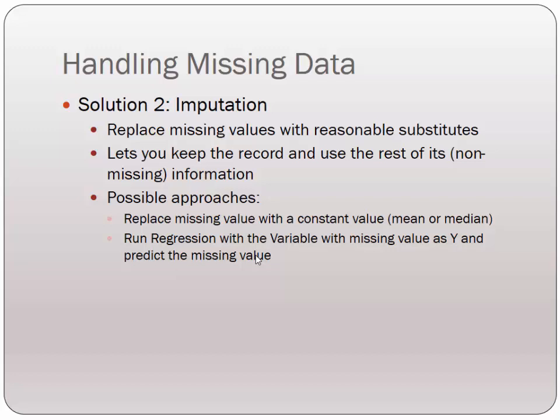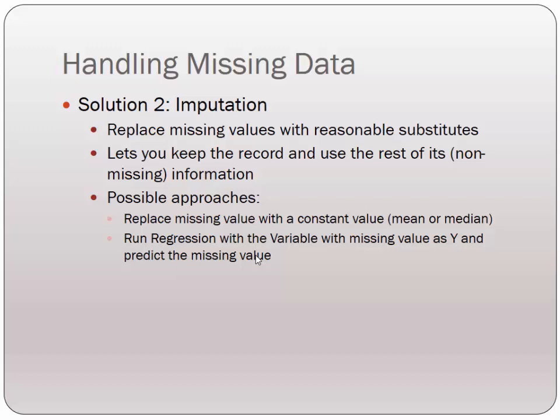This is just a make-believe regression that you're running for the purpose of imputation. So the variable whose missing values you want replaced, make that your y, and the rest of them x, and run a regression. Now you have an equation to predict what the y will be, y being the missing value.